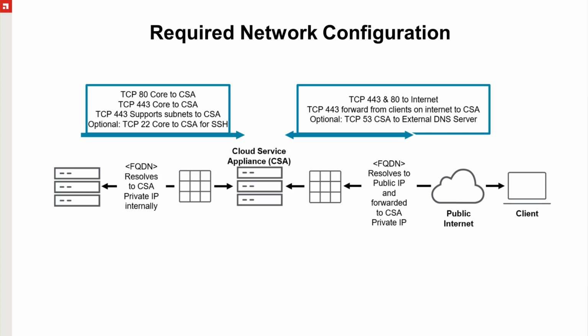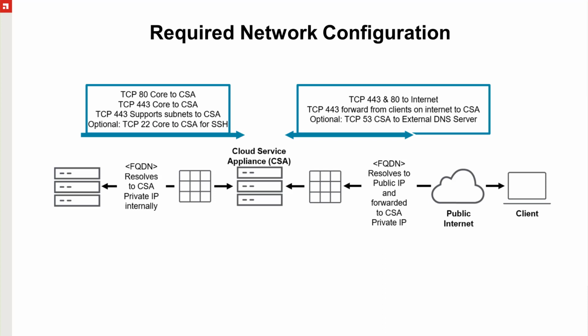If we don't, if we're just going to make use of our ISP or a public DNS server like Google, then we'll configure it to use the public addresses, and you'll need to open TCP 53 outbound from the CSA to whatever DNS server you want to use.